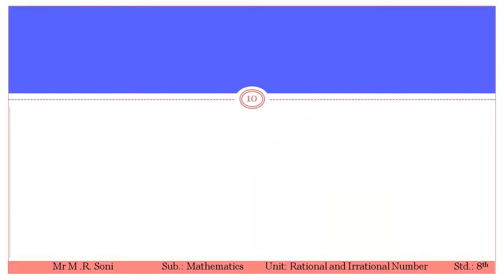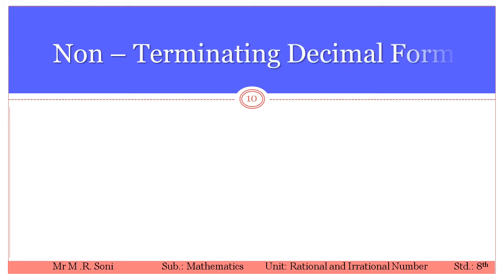Now let's learn about non-terminating decimal form. This is a form of a rational number in which the answer of the fraction is non-terminating.